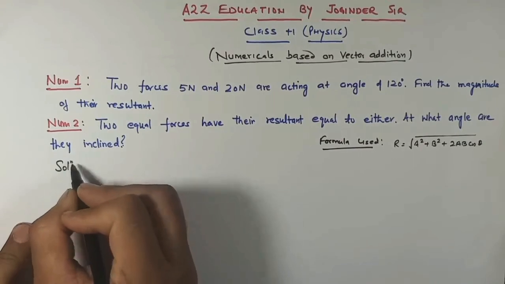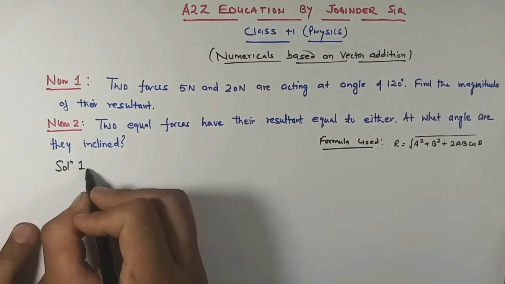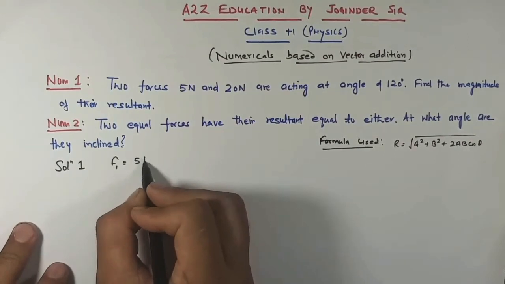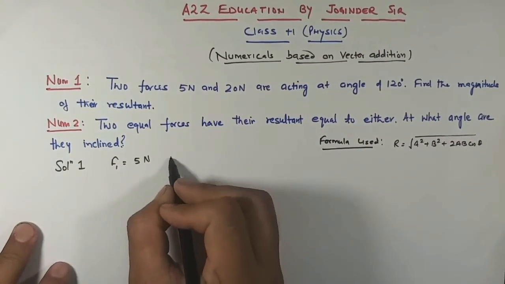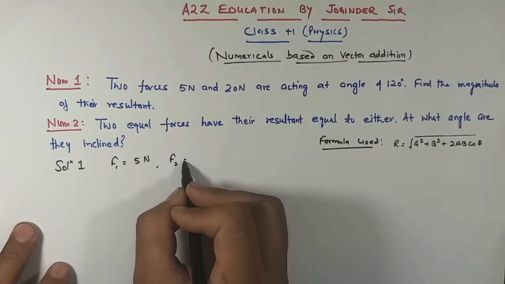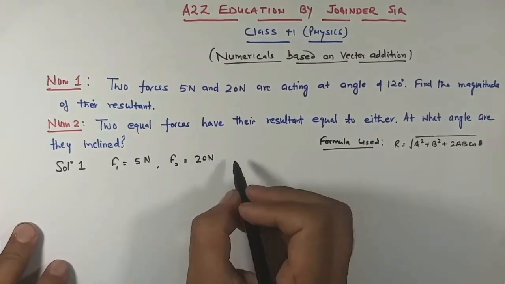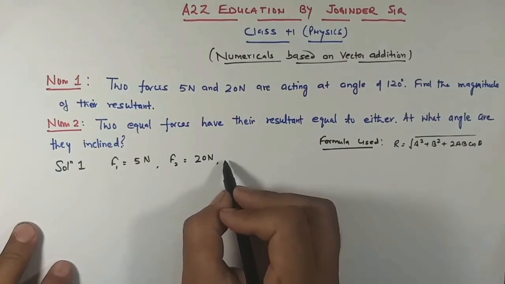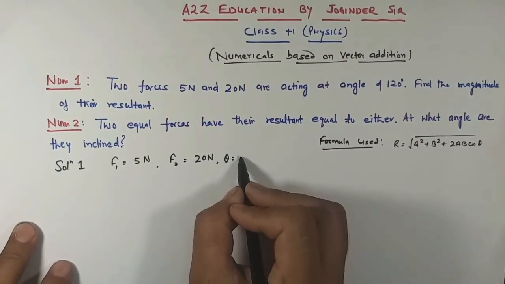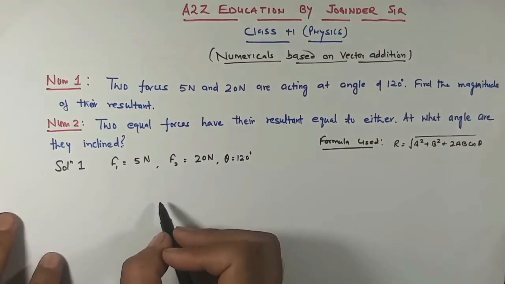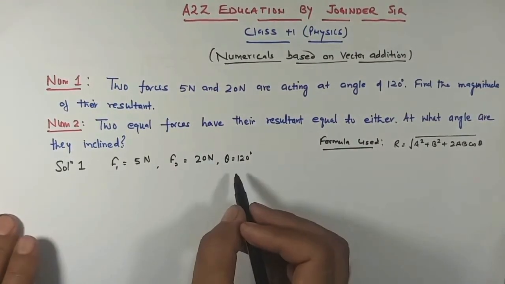This is the solution for the first. Here F1 is given, that is 5 Newton, F2 is given, that is 20 Newton, and theta is 120 degree. So we have to find the resultant of these forces.